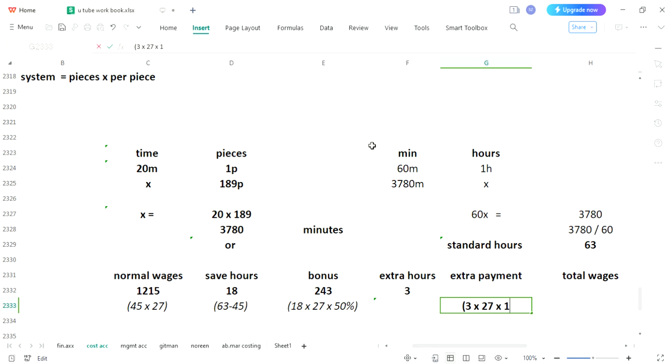This was said in your question. Now let's calculate it. 3 multiplied by 27 multiplied by 1 over 3, that is 0.3. So we have got our answer, that is 27.